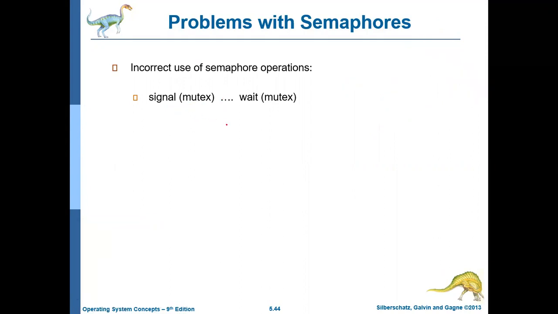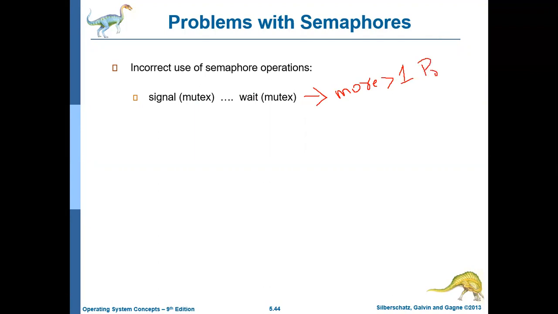So instead of following the pattern wait of mutex, then critical section, and then signal of mutex, if the programmer does it in the reverse way, first calling signal, then the critical section, and then wait of mutex, this will eventually lead to a circumstance where more than one process is allowed into the critical section, which is not at all allowed.